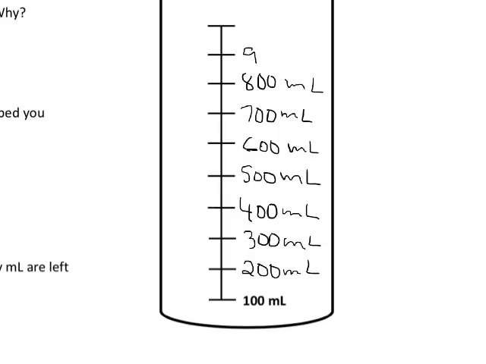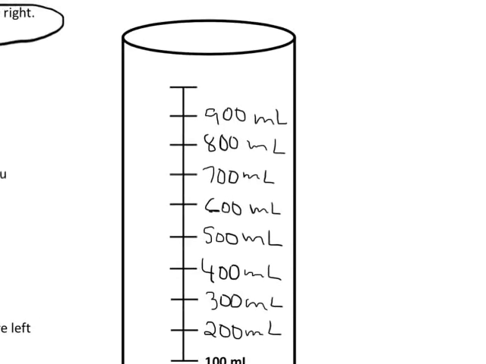Looks like the very top is going to be 1,000 milliliters. But what's another name for 1,000 milliliters? Well, instead of calling it 1,000 milliliters, we could call this 1 liter if we wanted to. That's the cool thing, and that's the thing that we want our students to become totally familiar with: 1,000 milliliters is equal to 1 liter.